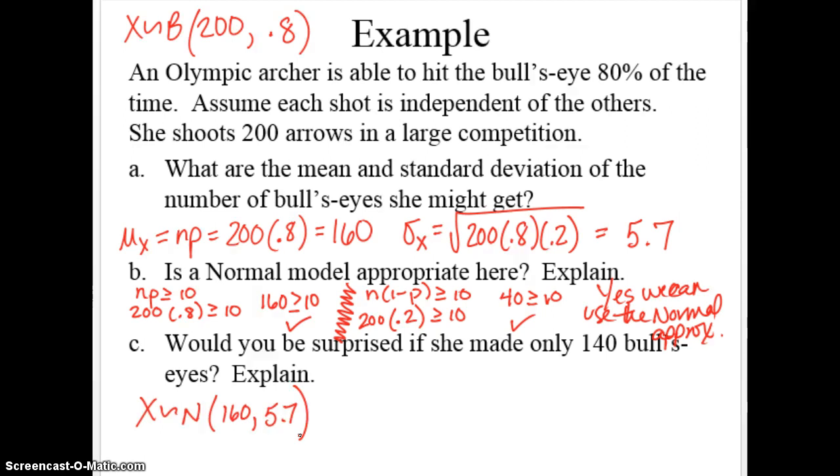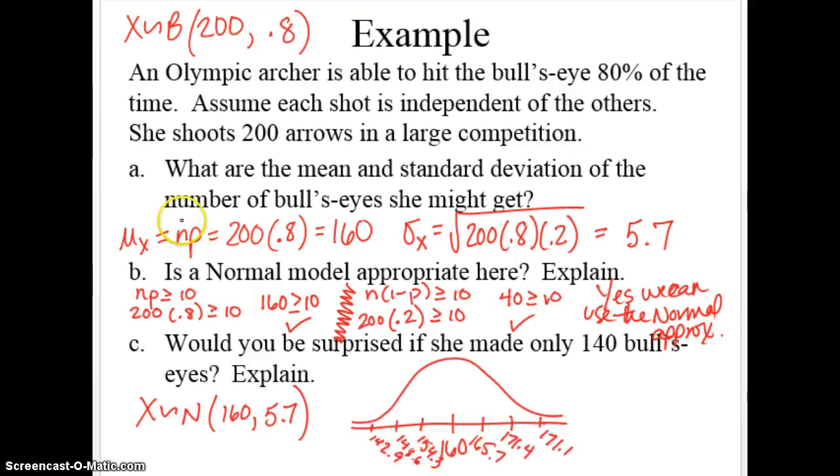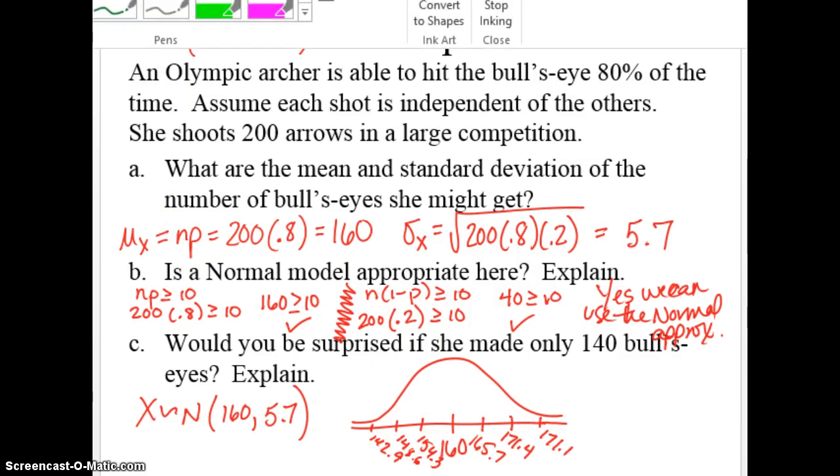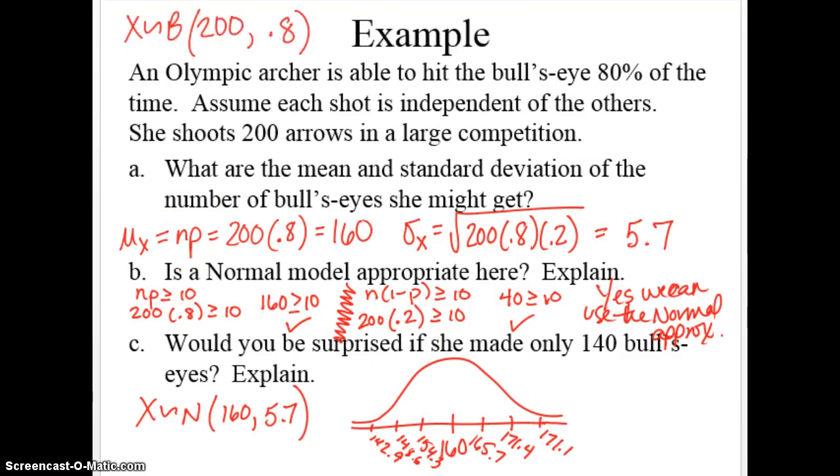Well, let's draw that as a normal distribution. So we start in the middle here with our mean of 160, and we go out a standard deviation in each direction of 5.7. And so here is our 1, 2, and 3 standard deviations away. Would we be surprised if she made only 140 bullseyes? Yes, we would be super, super surprised, because this is way below the mean with respect to the standard deviation.